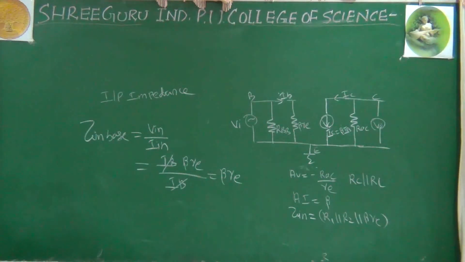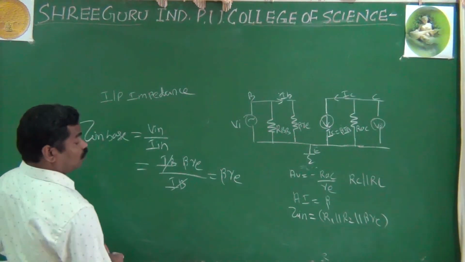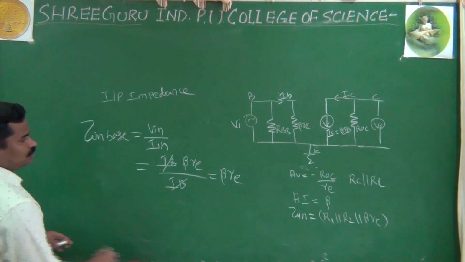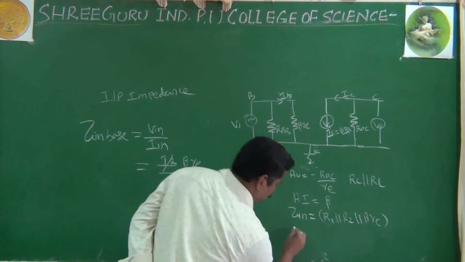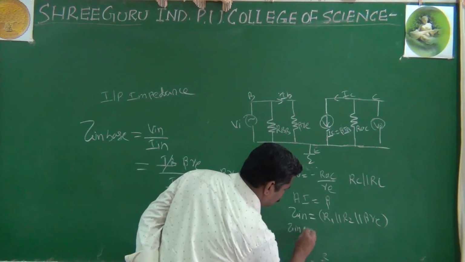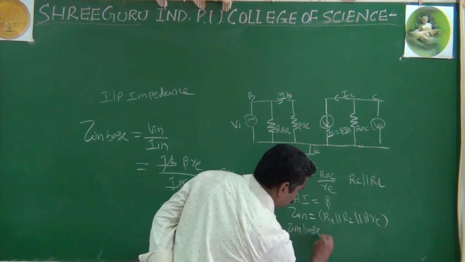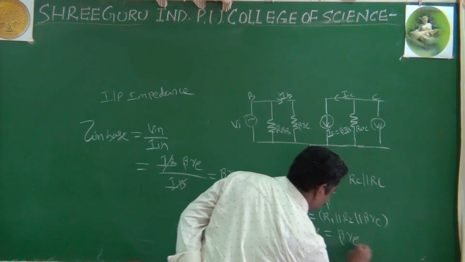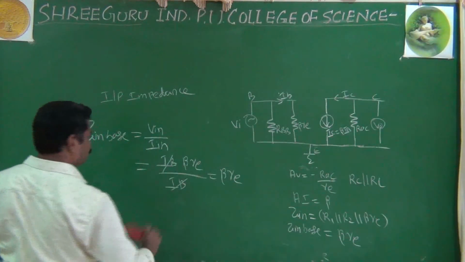This is the Zin base, beta RE. Finally, we go for the output impedance.